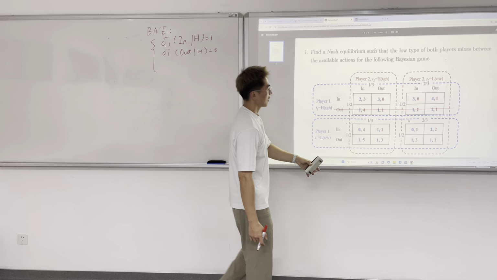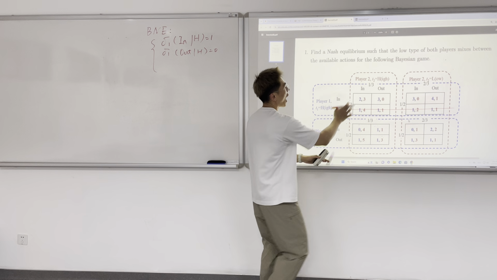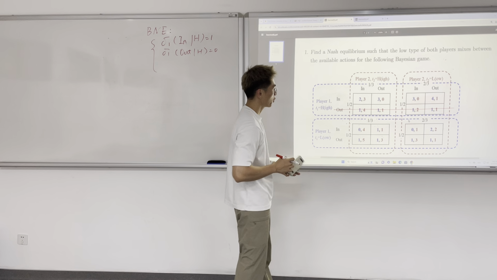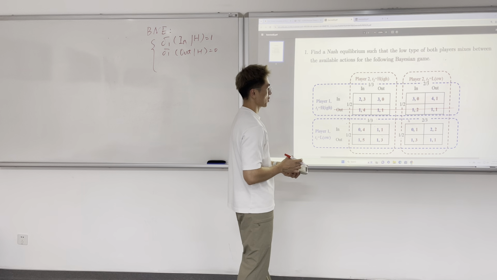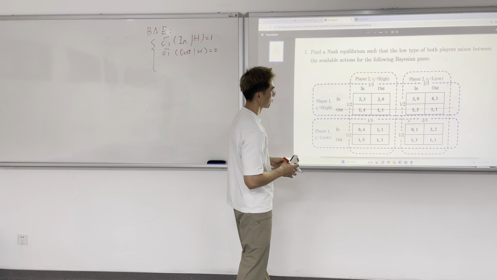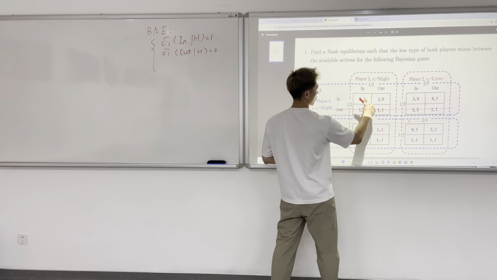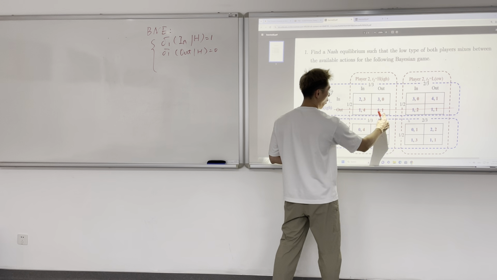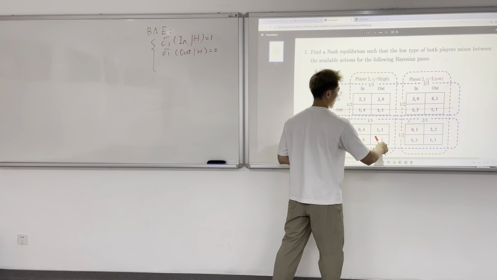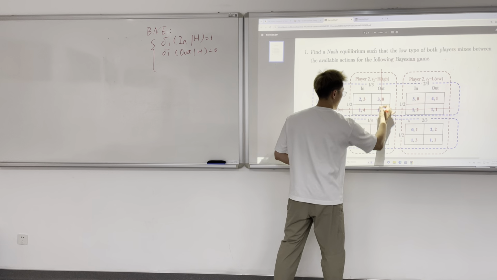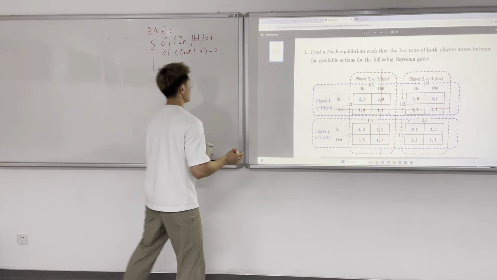Similarly, let's look at high type player 2 and which is the dominant or dominated strategy. Out is still dominated by in, right? 3 is higher than 0, 4 is higher than 1, and 5 is higher than 3. So out will never be played. It is dominated by in.